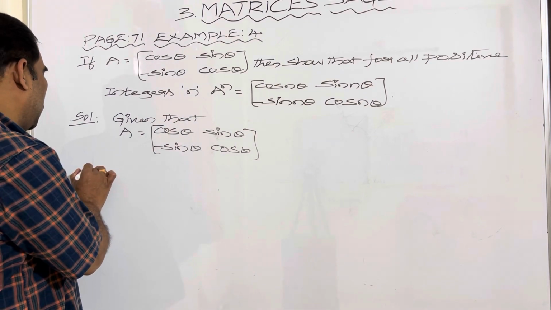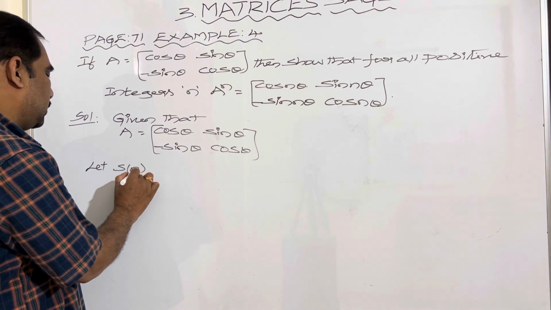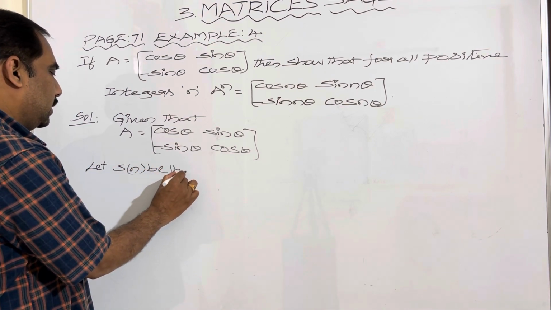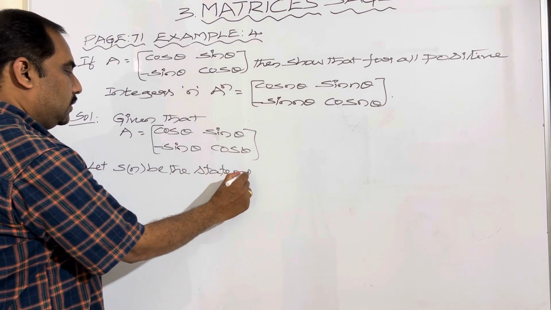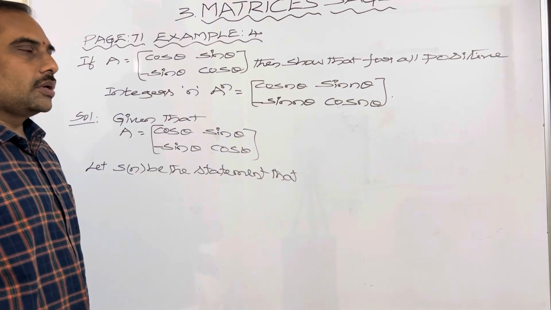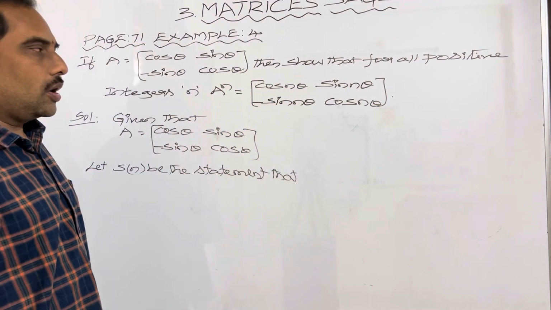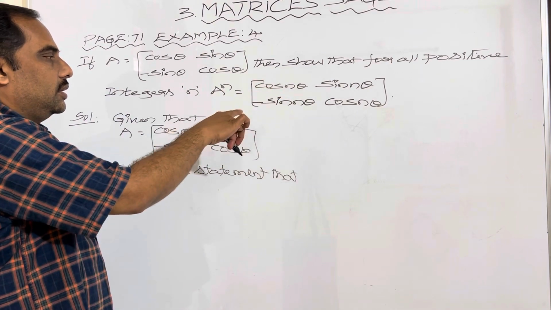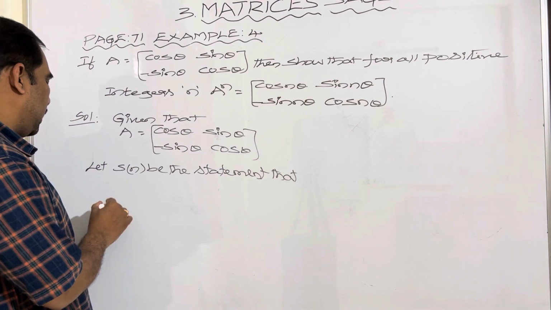So what you have to do now, first let S of n be the statement. What is the statement? Here the matrix A power n is equal to cos n theta, sin n theta, minus sin n theta, cos n theta. This is the S of n.